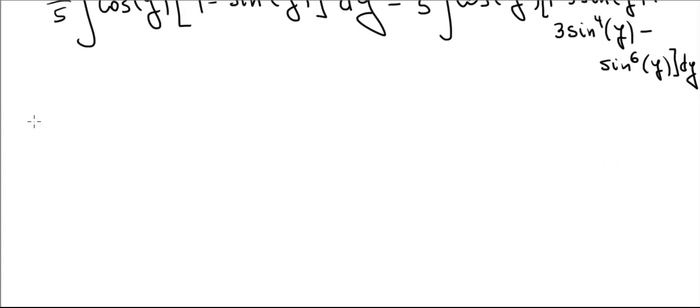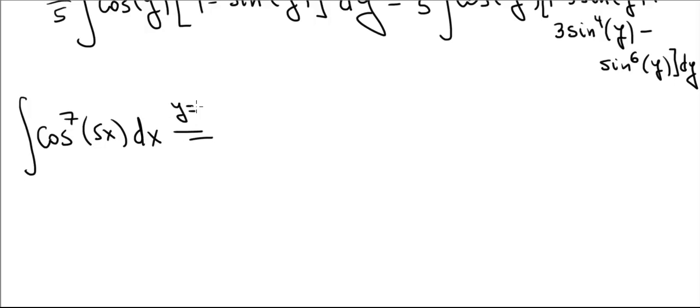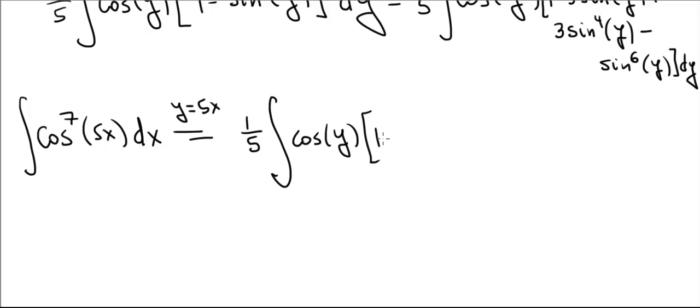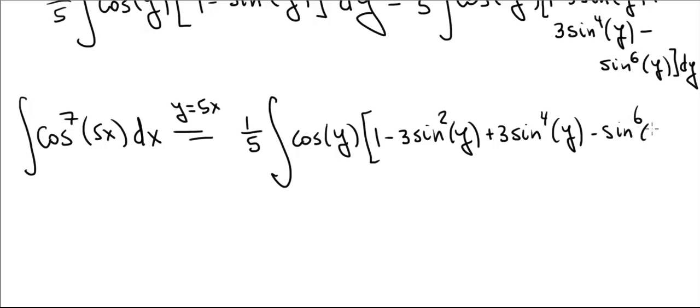The integral we have left is, well, we started with the integral of cosine to the 7th of 5x. After making the substitution y equal to 5x, we ended up with the following integral: 1/5 of the integral of cosine y times 1 minus 3 sine squared of y plus 3 sine to the 4th of y minus sine to the 6th of y dy.